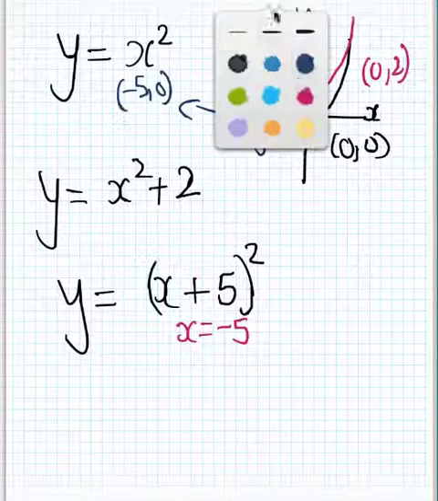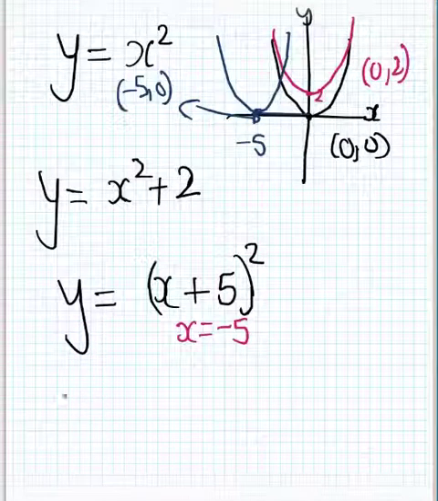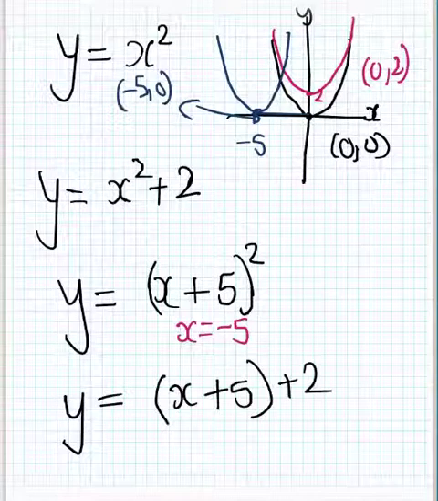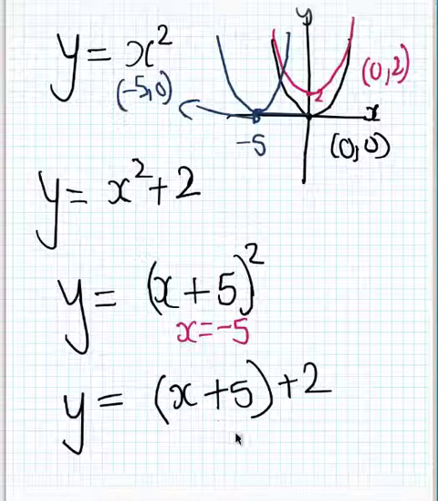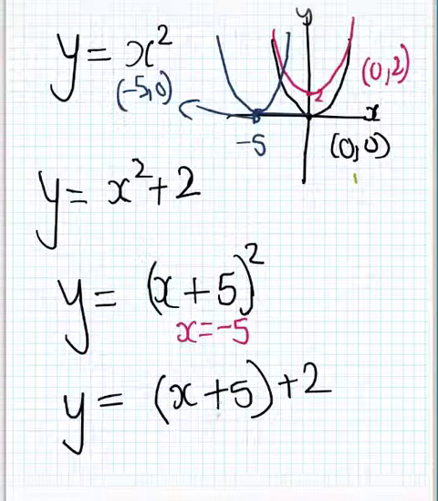But when we have an equation where 2 changes have happened, you can see the 2 changes. We now have the x plus 5 in brackets, and also the plus 2. So our turning point will be different as well.